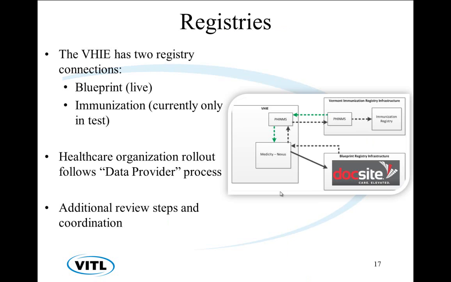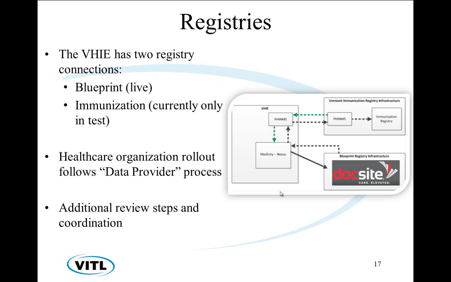Okay, I mentioned that there were 3 types of connections. The data providers, so they provide data. The data receivers, they receive data from the VHIE. And then the third type are the registries. So the VHIE has basically 2 registry connections. One is to the Blueprint registry, and this supports Vermont's Blueprint for Health program.